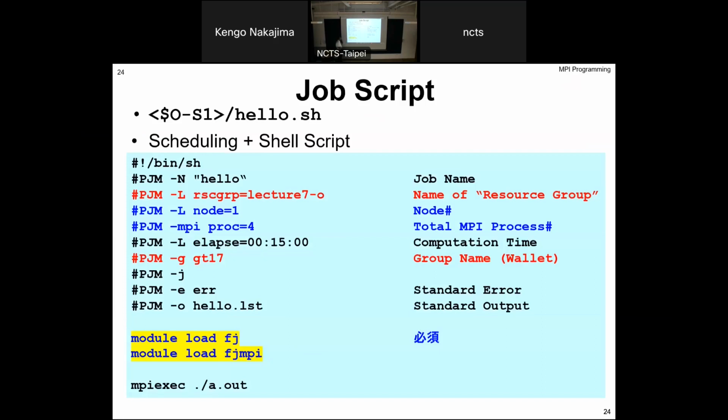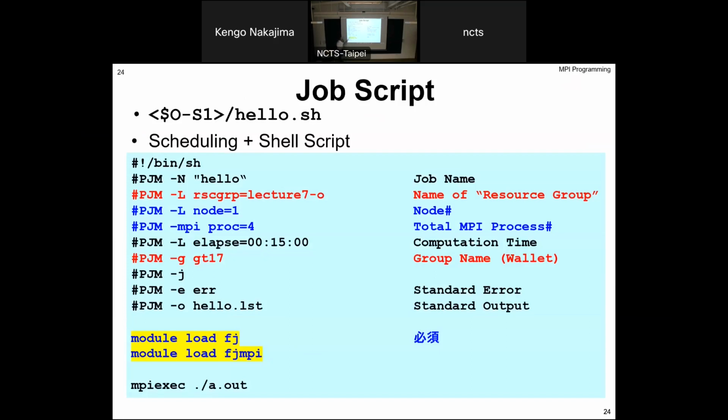You need to specify the proper resource group. In the case of educational users, it is very limited. The resource group should be lecture7 or lecture. I will explain lecture7 and lecture later, but currently you can specify lecture7.